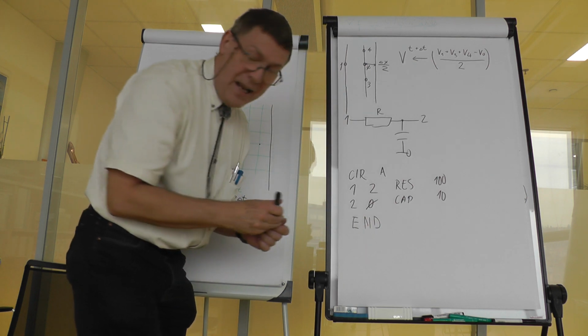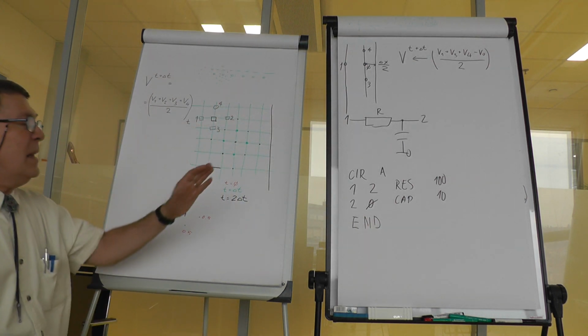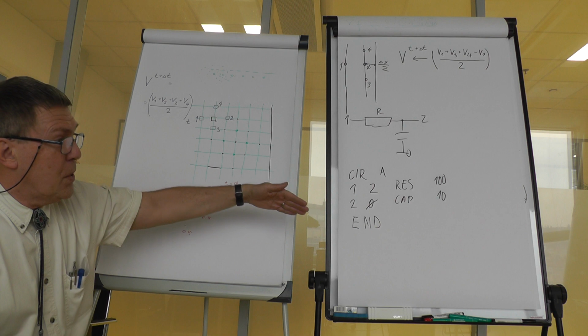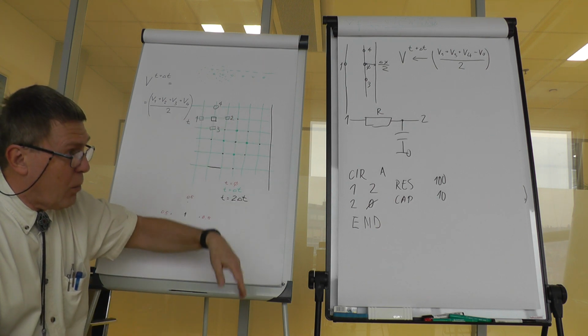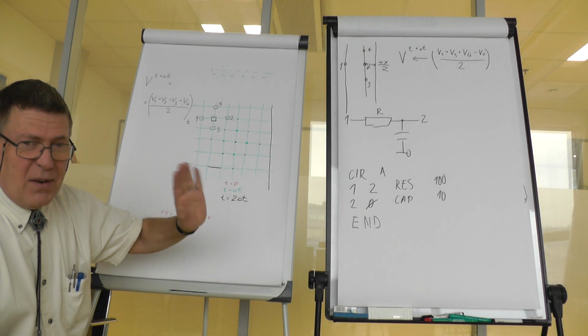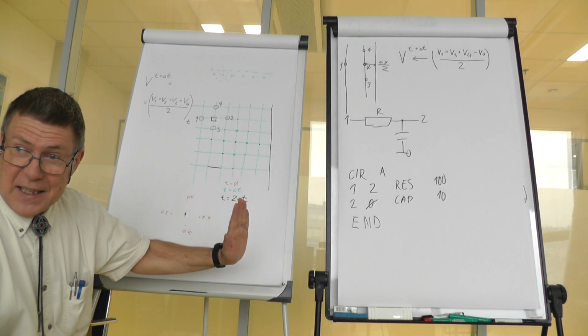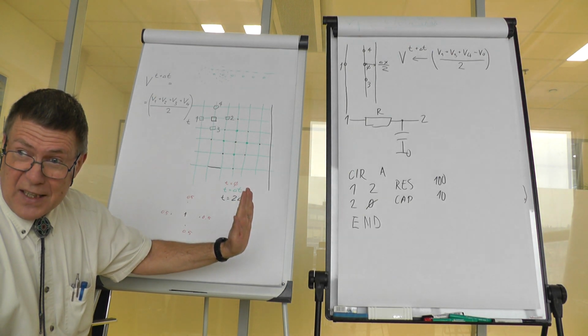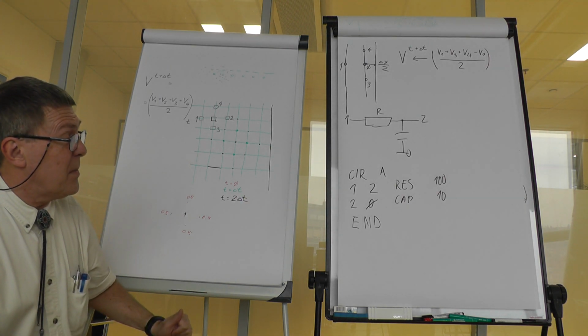So this was the language that was used by the computers, and there were already programs to solve DC, transient, or any analysis of such circuits given by a netlist.